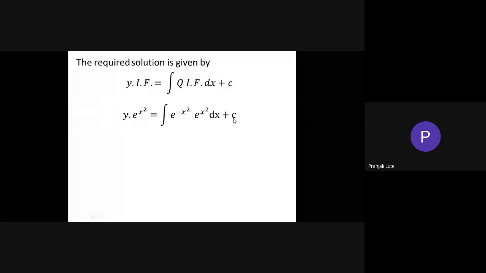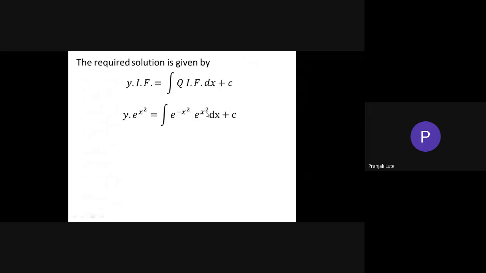In this, e to the power minus x square and e to the power x square have the same base, so we add the two powers. Minus x square plus x square is 0. This is e to the power 0, and e to the power 0 is 1.